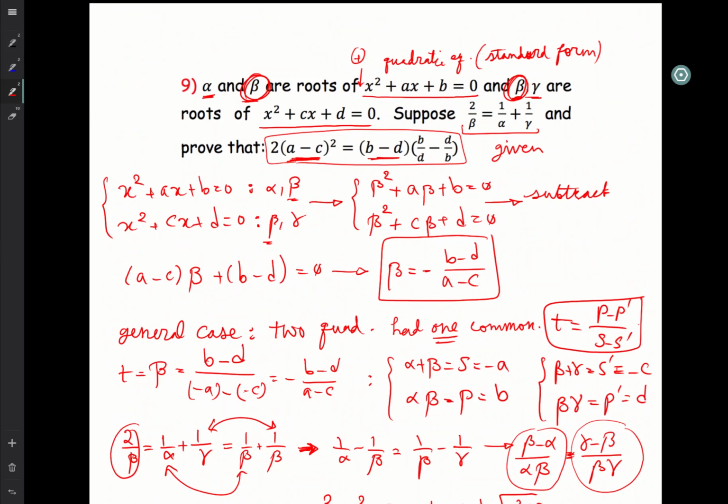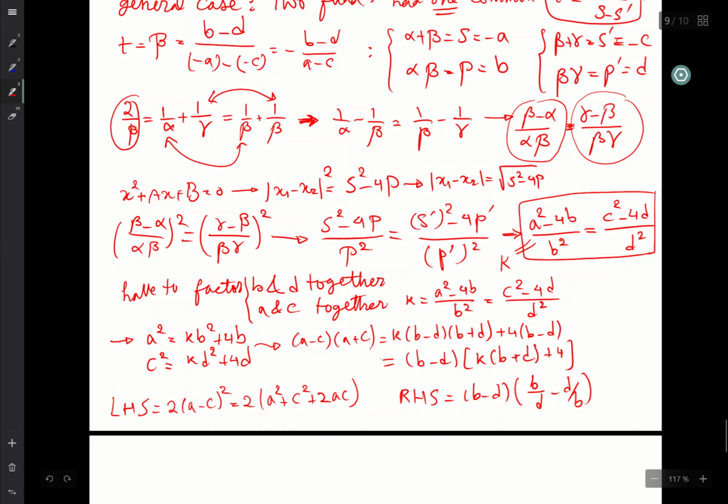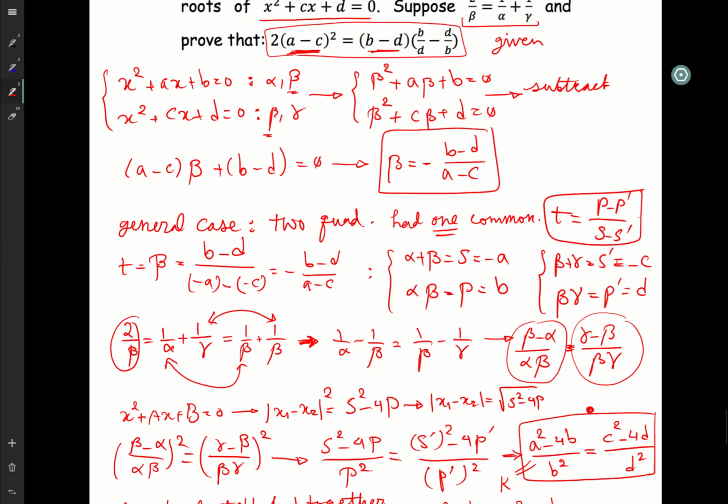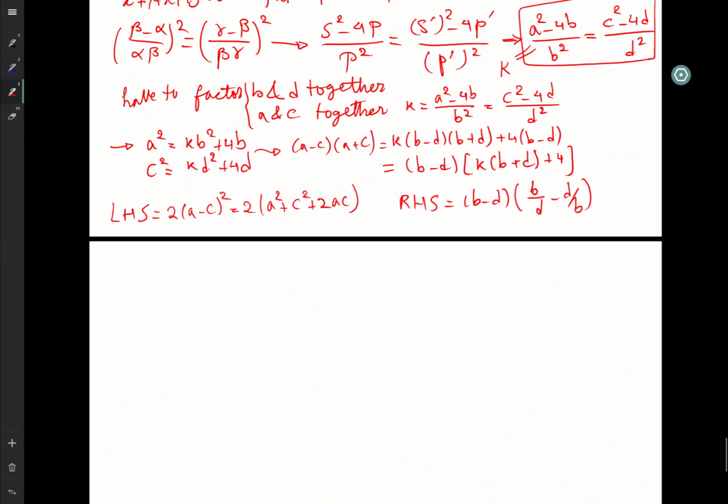Okay, so we ended up with this relation between a, b and c, d. But then the question is, how do we convert this from that to the original one?